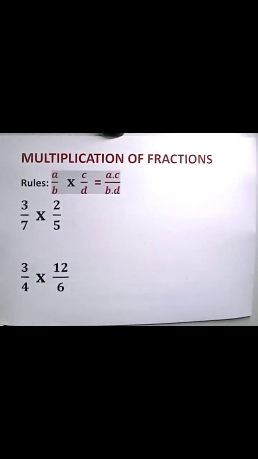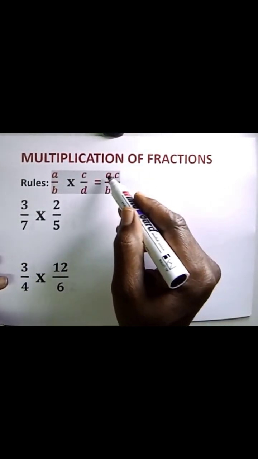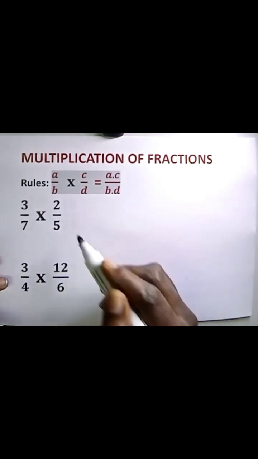Let's do another example. First fraction is 3 over 7, and the second fraction is 2 over 5. We are asked to multiply these two fractions. It is the same rule. You multiply the numerators, and then you also multiply the denominators.